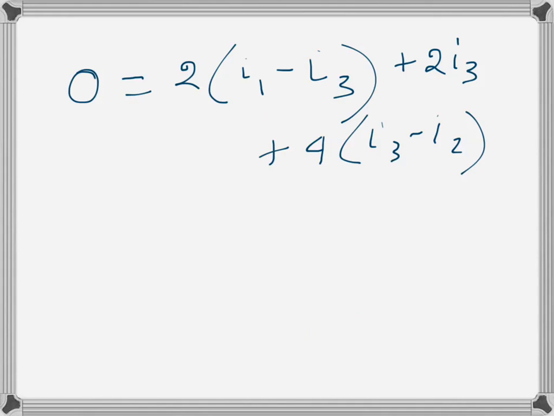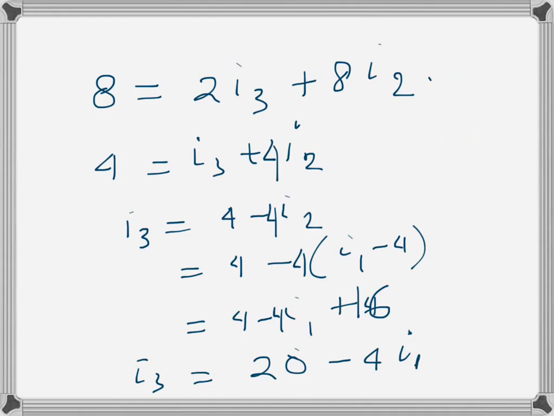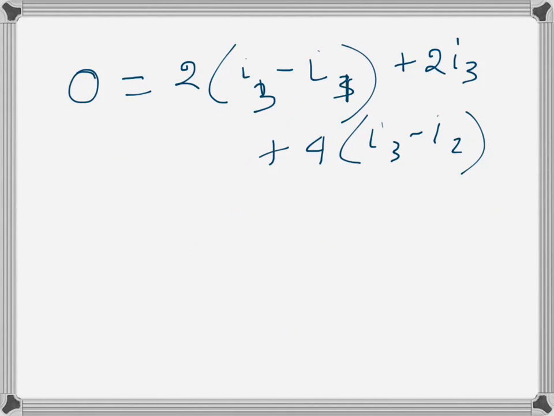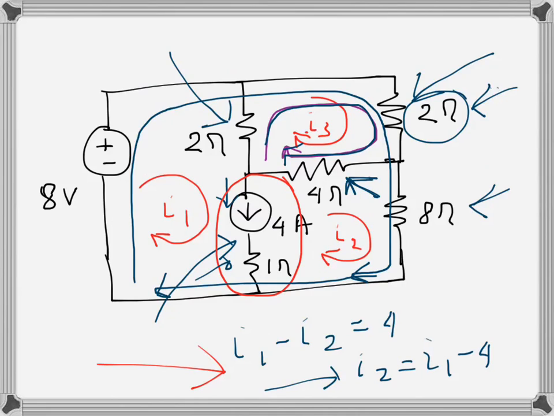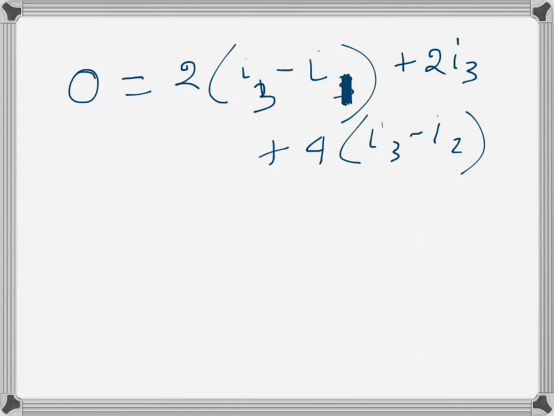Actually the first term should have been I3 minus I1, sorry, because I am going counterclockwise, so the drop is this way. So this is minus 2I1 minus 4I2 plus 8I3 equals 0.